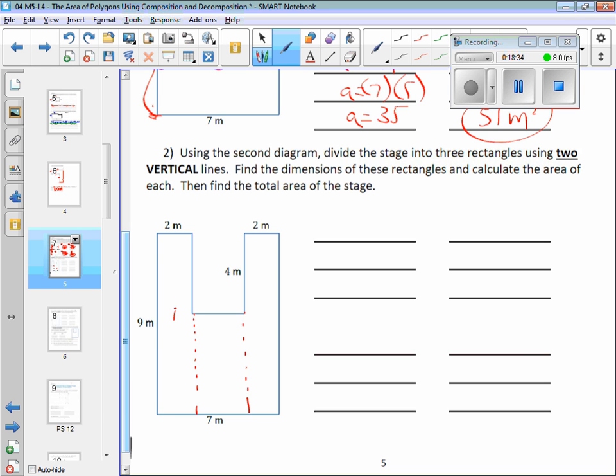Okay, I'm going to label the shapes 1, 2, and 3. You will see that shape 2 becomes a more difficult shape when we break it up this way. The 1 and 3 are the same. All right, what's my base and height for shape 1?